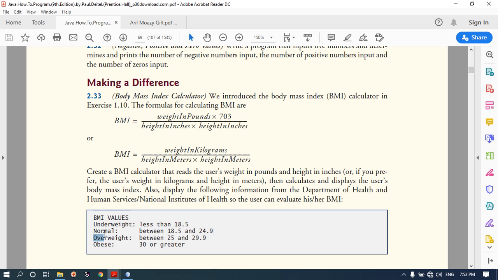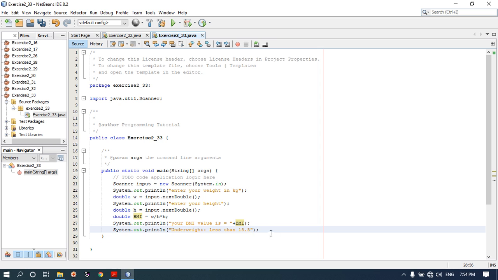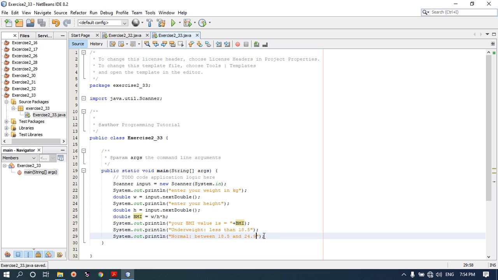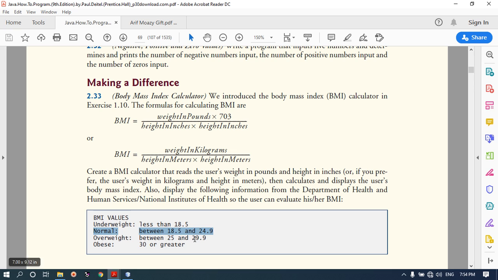Now let's do copy it. Let's copy the table.